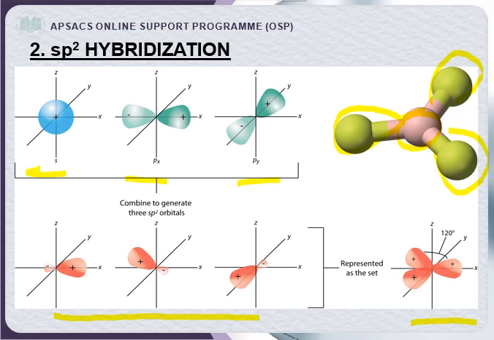As I told you earlier, this happens only with the central atom's orbitals. After the central atom has prepared for bonding through hybridization, it will attract the electrons of the other atoms to produce bonds.